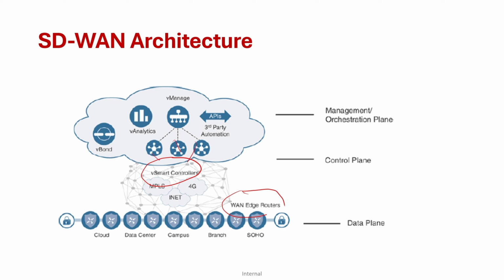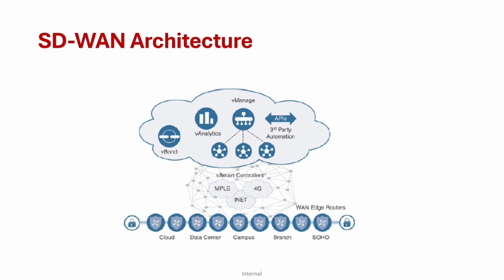Then we have Vmanage, or Vmanage network management system, which is part of the management plane. And then we have Vbond orchestrator, which is part of the orchestration plane. And the last one is the optional one, Vanalytics. We'll go ahead and discuss each of these components in detail.